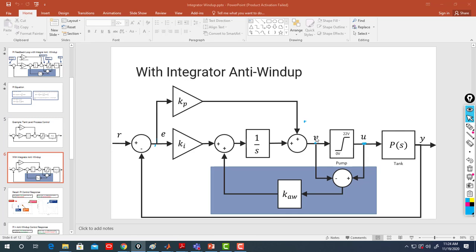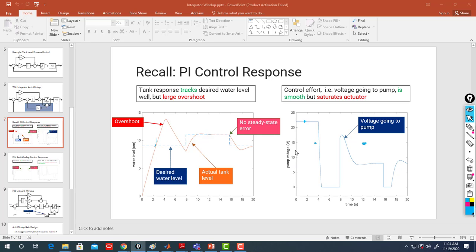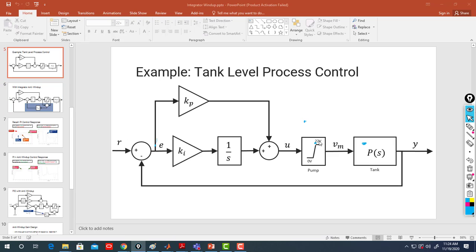Then V and U is alright. It doesn't matter whether you call it V or U, but essentially, if you are saturating, the signal here is higher than here, and it keeps going higher and higher. You have a lot of signal.